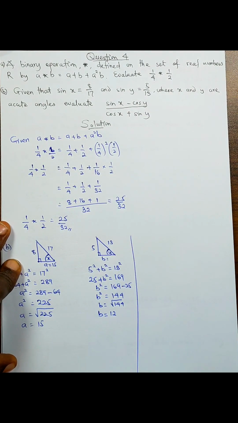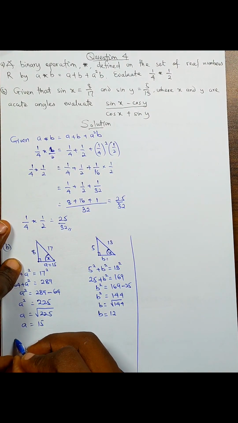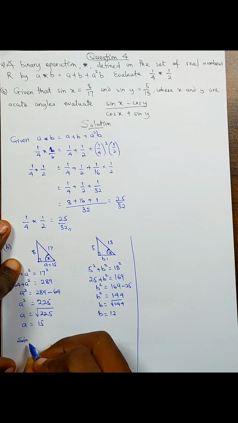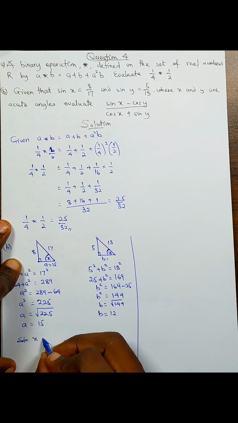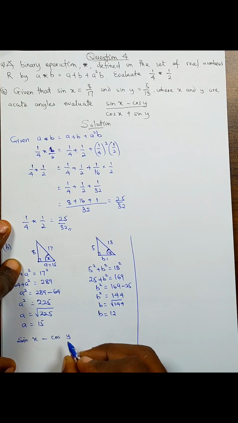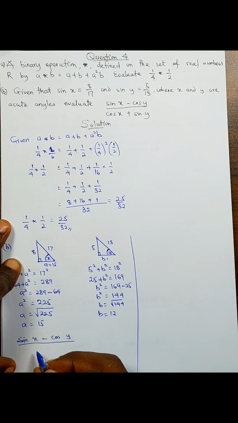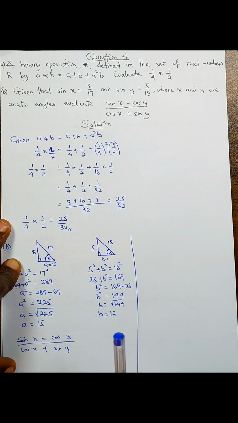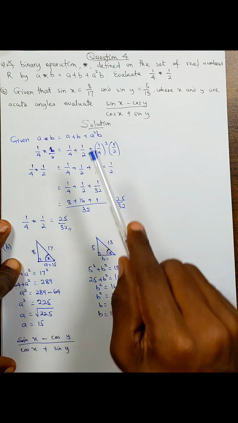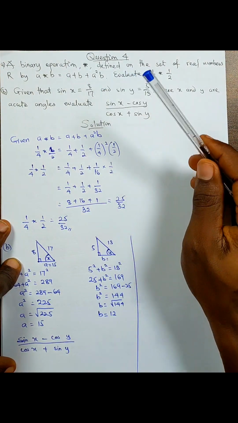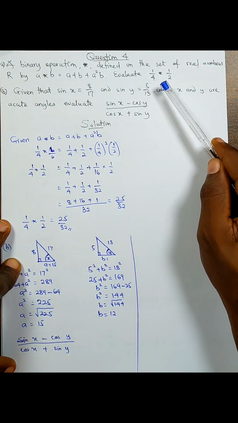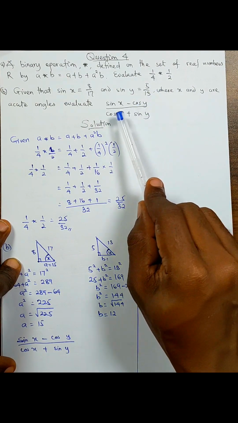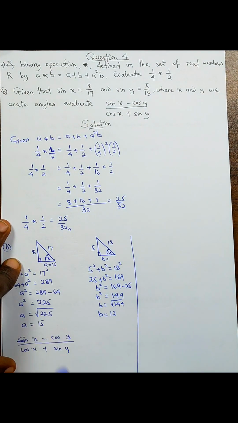So we have sine x minus cos y over cos x plus sine y. From the question, sine x was given already as 8 over 17. Sine y was also given as 5 over 13. So we need cos y and cos x. Let's deal with x first.